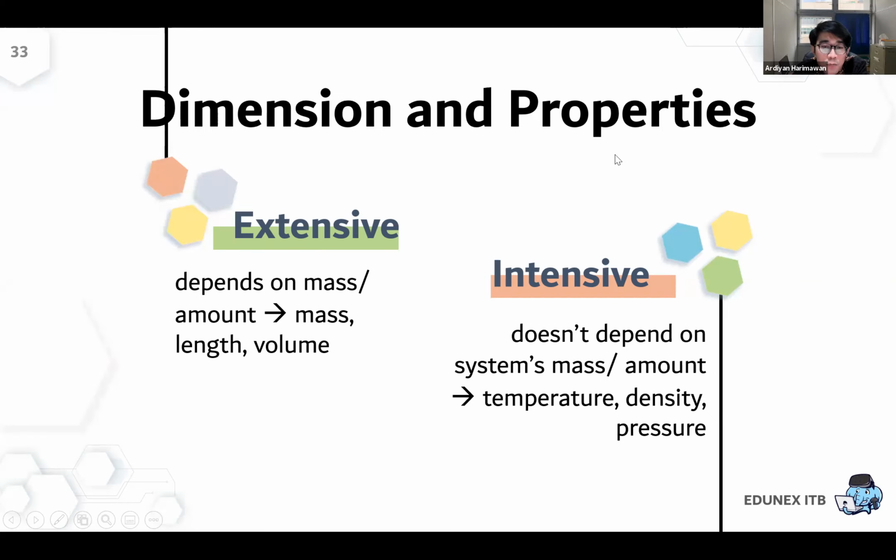Some fluid properties that are important for us to design all the equipment and all the processes that we have been discussed before will be discussed in this subtopic. And also later we will see about the dimension. Dimensions mean the units, what will be comprising the units of the properties.